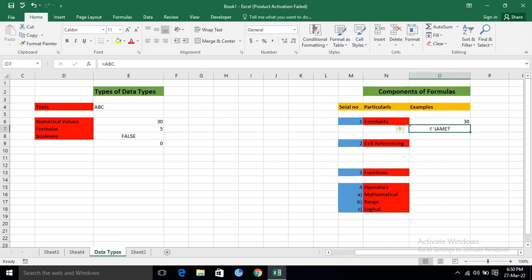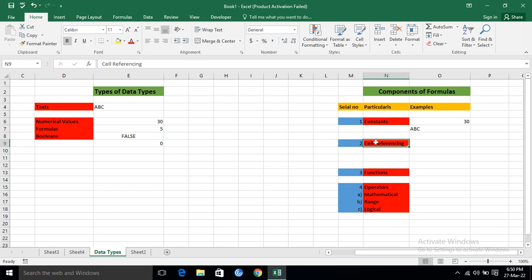So basically Excel is considering this as a number. But we want this as a text, so for this we have to give it in double quotation. So these are the constants, this and this.